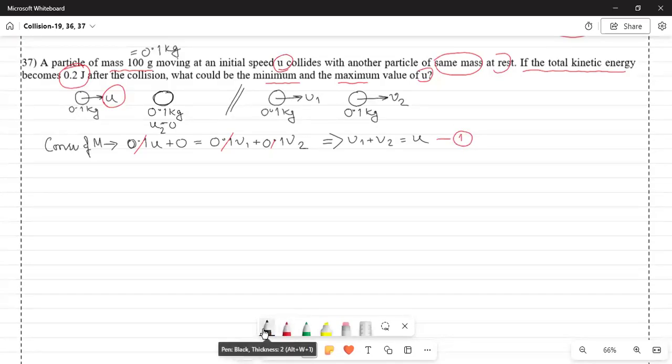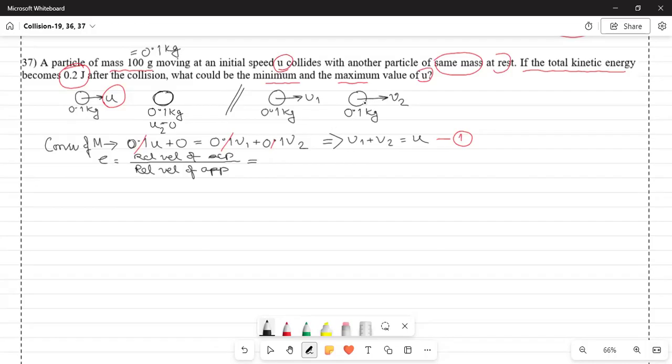Now, what is the coefficient of restitution, e? Relative velocity of separation divided by relative velocity of approach. But here, what is the relative velocity of separation?